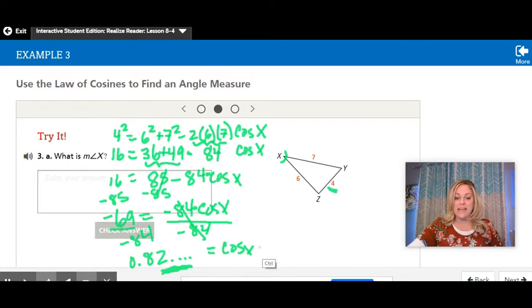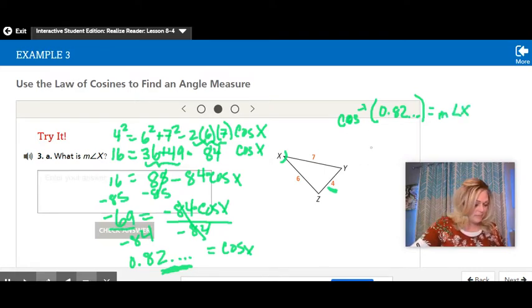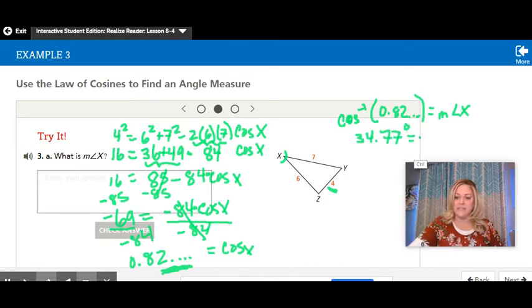When I find the angle, I'm going to use the inverse cosine function. Inverse of the ratio, 0.82, yada, yada. That will equal the measure of angle x. So I grab my calculator, plug it in, and I got 34.77 degrees is the measurement of angle x.